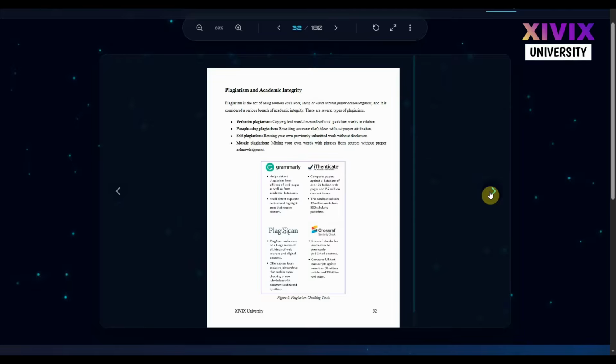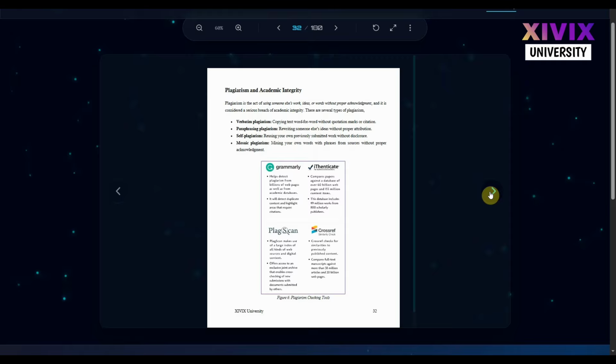And the next one is paraphrasing plagiarism. It is the act of rewriting someone else's idea without proper attribution. And the third one is self-plagiarism. It is the act of reusing your own previously submitted work without disclosure. And the last one, mosaic plagiarism.